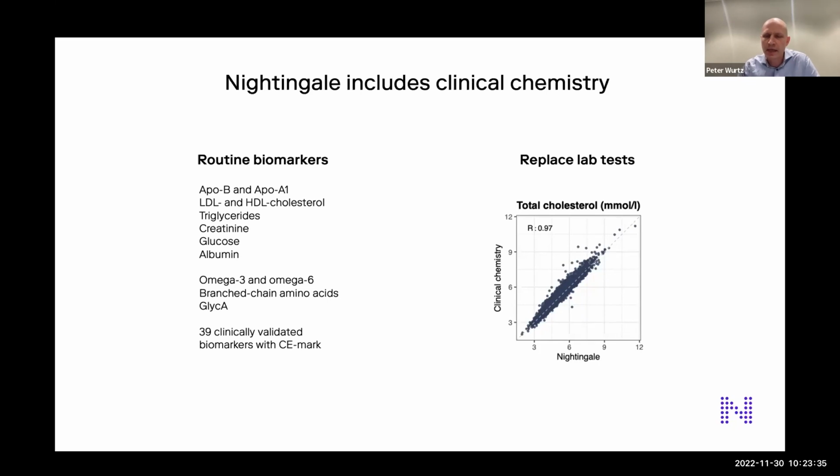What that really means is that you get basically the same results from Nightingale as from standard clinical chemistry, and that allows you to replace many of the standard lab tests. These routine biomarkers also enable bringing the exciting results of genomic prediction more into clinical context.